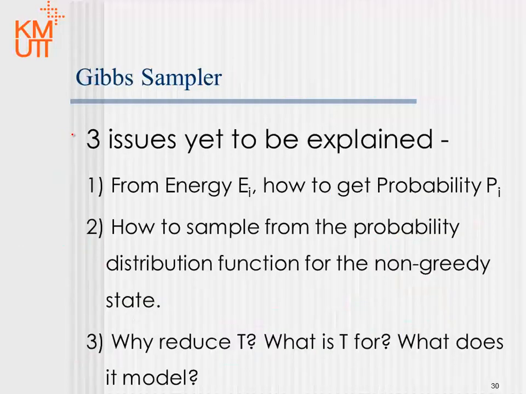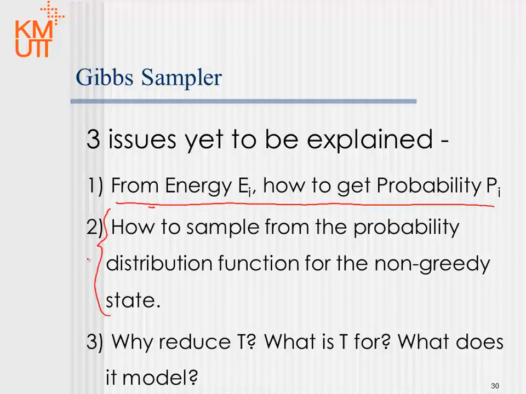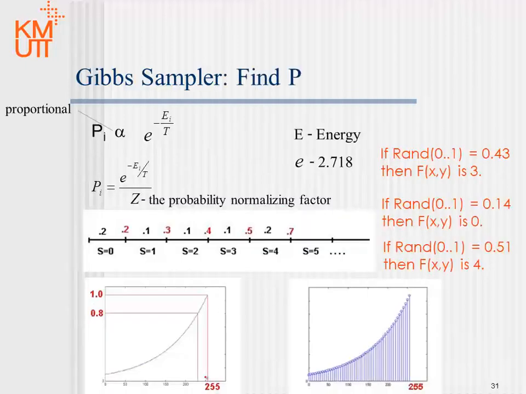There are several details we still need to look at. First, how do we convert from energy to probability? Second, how do we sample from the PDF? And third, why do we reduce the temperature, and what is the temperature for? Once we understand these 3 concepts, we're pretty much done with this lecture. So let's take a look.